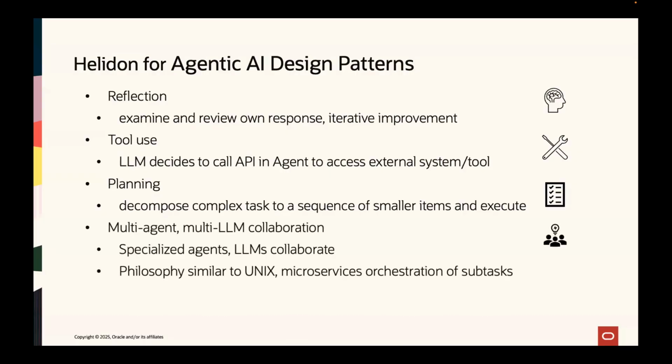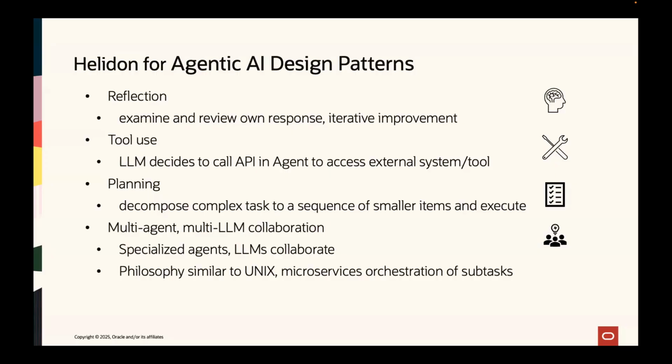And finally, including multi-agents and multi-LLMs in the collaboration of creating a response for you. And these can be specialized agents. So you might have a specialized LLM, let's say, to do code output for Java, and you might have another LLM that does code output for C or for Python or a different language.